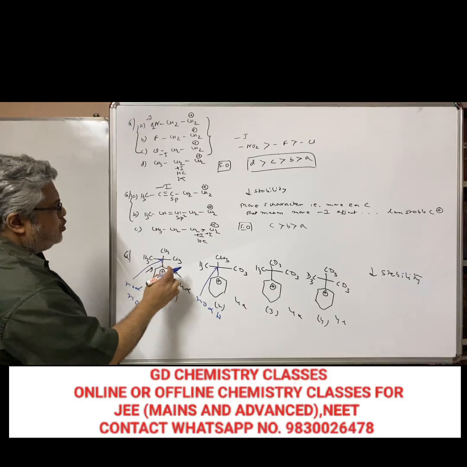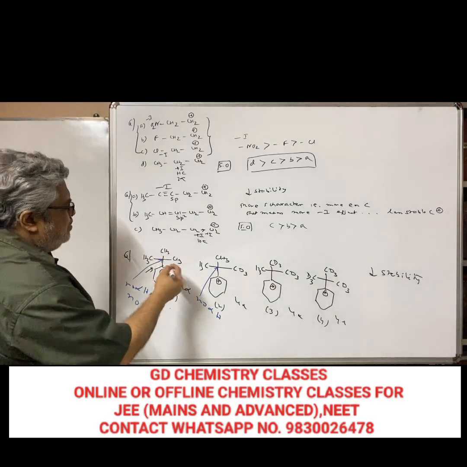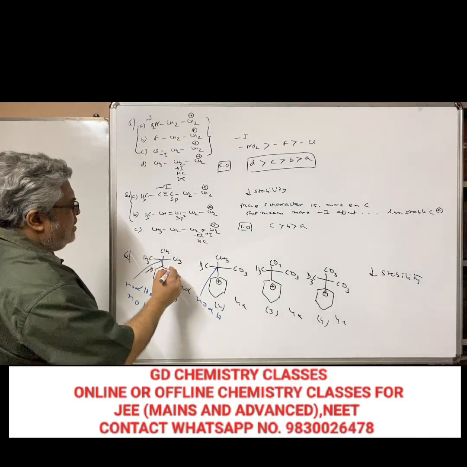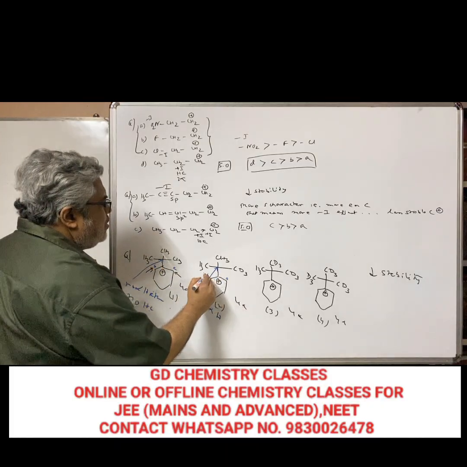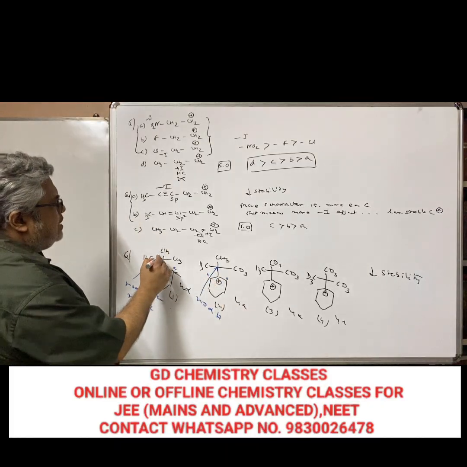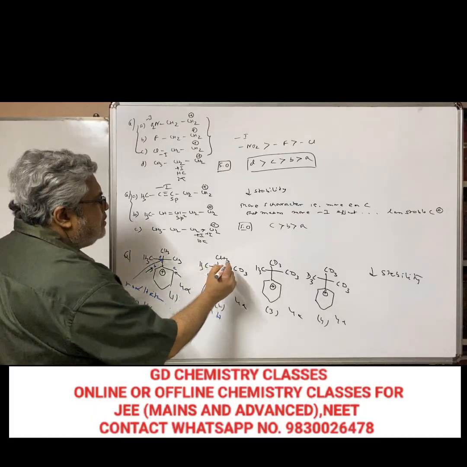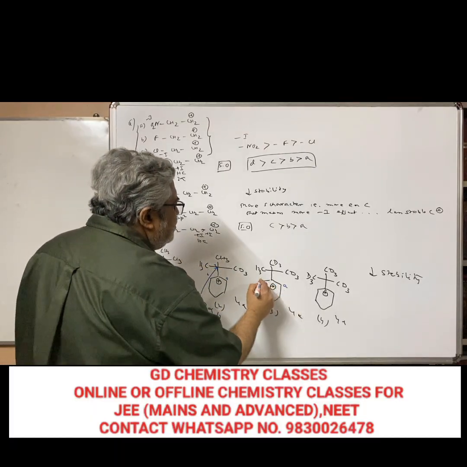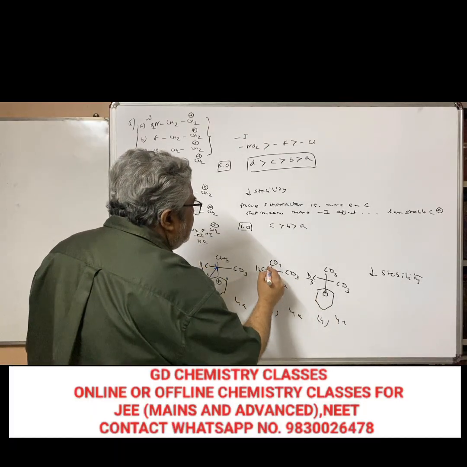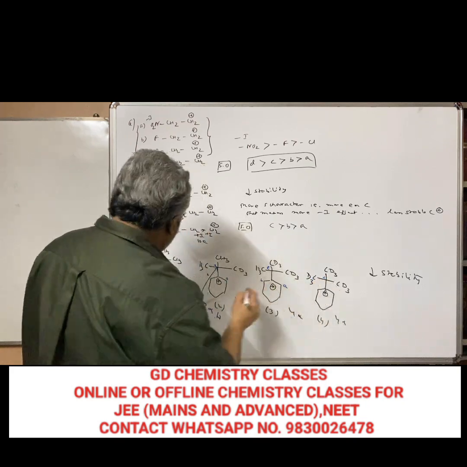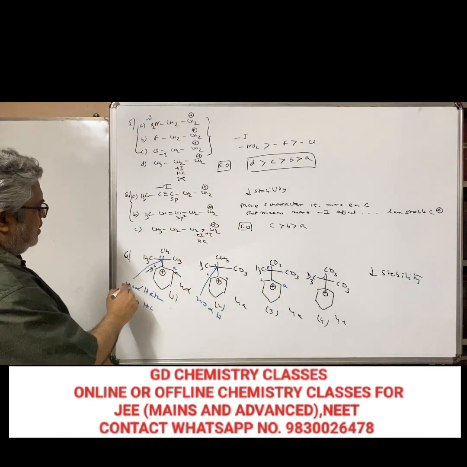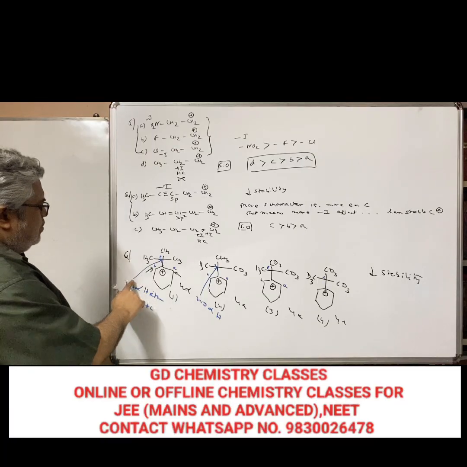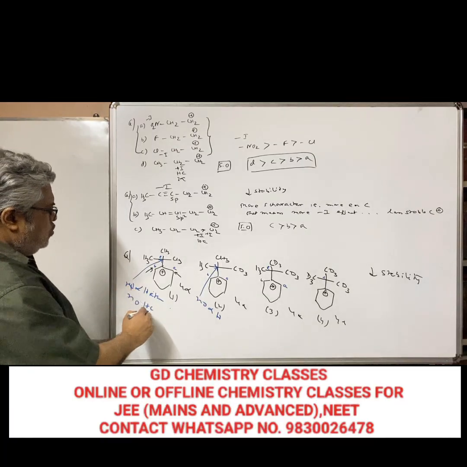For the purpose of understanding, if I just name this as the A and B portion, this A and B portion is common. If I consider this E carbon, in each of them the E carbon is devoid of any alpha hydrogen atom, so no hyperconjugation.